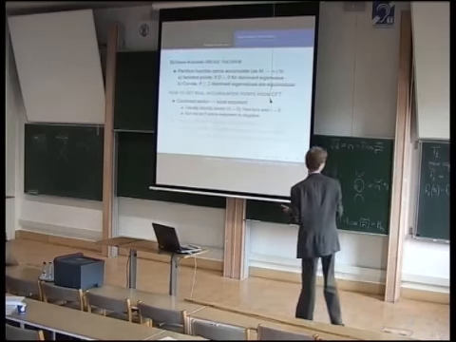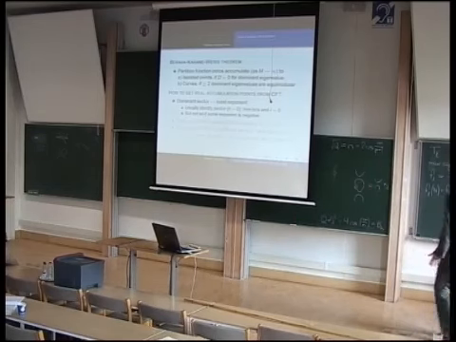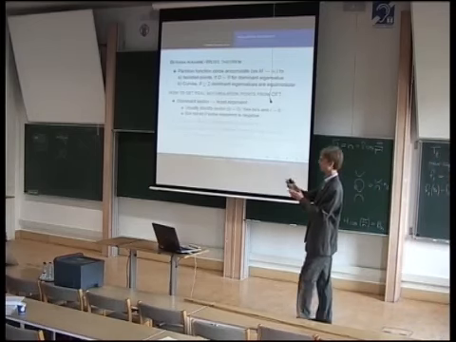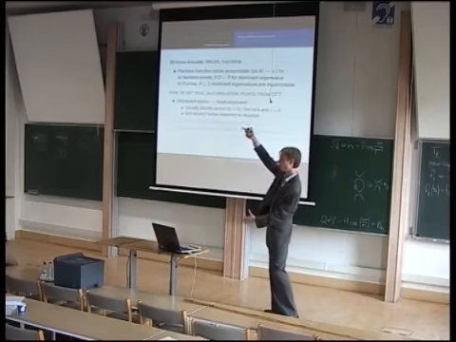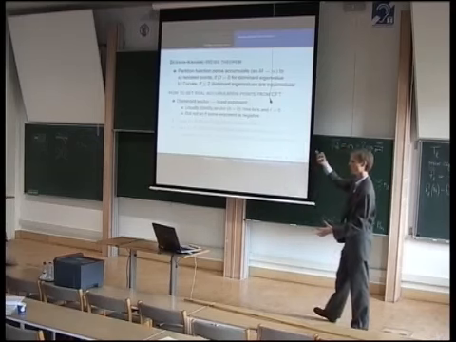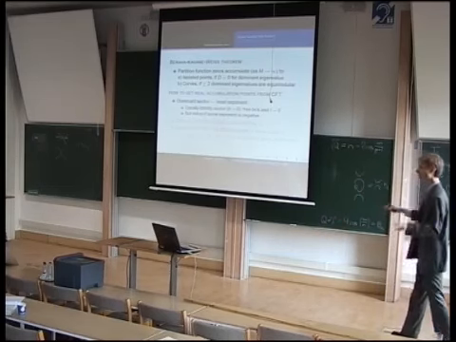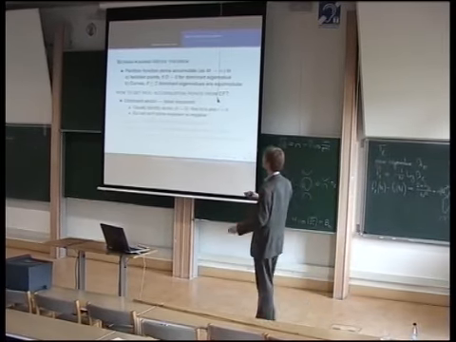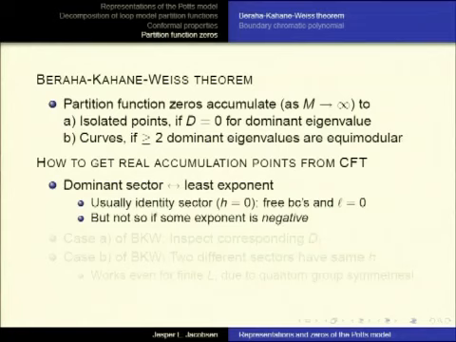So what happens is that some of these exponents here are negative. So it's more probable, for example, in some regions of phase space to have two lines going throughout a very long, very thin strip than having no lines. So probable, quote unquote, okay? And so to find the dominant sector, I should just find the least exponent, that is to say the most negative exponent.